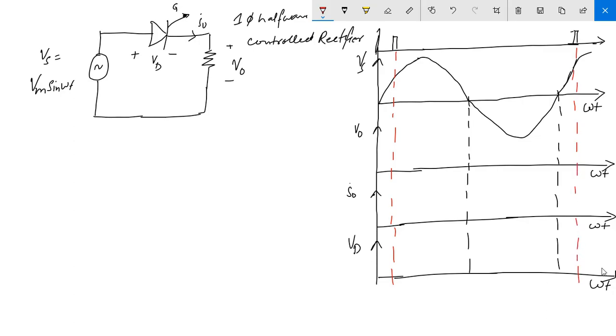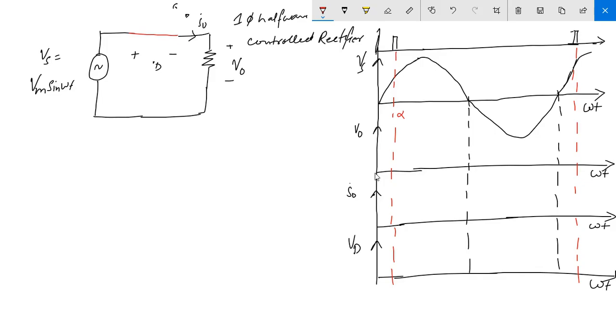Before that, it will be acting as an open circuit. It will not have the waveform. Okay, so once your SCR is triggered, suppose this is the alpha angle, the SCR is connected to the load.